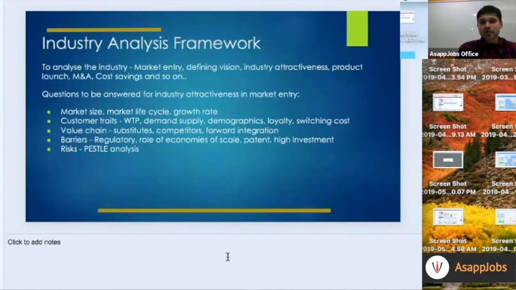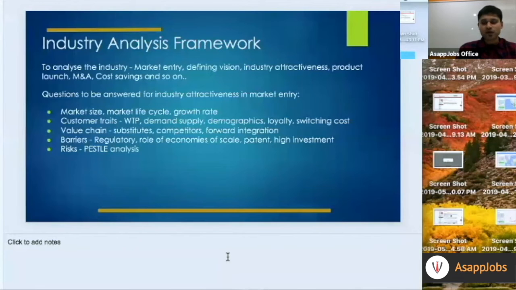So there are multiple things that go into whether you want to enter the market or not, and industry attractiveness is one of the key parameters. Now, to analyze industry attractiveness, there are basically five things that I've listed down here. One is you need to understand the size of the market, whether it is growing, and at what stage it is at this point in time.